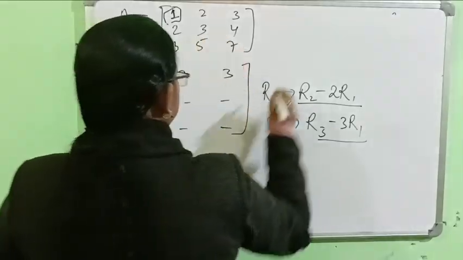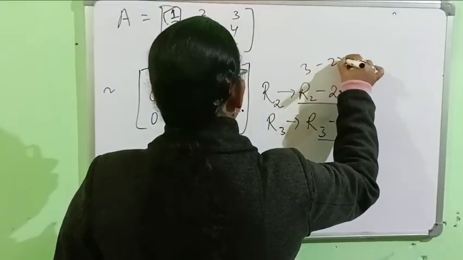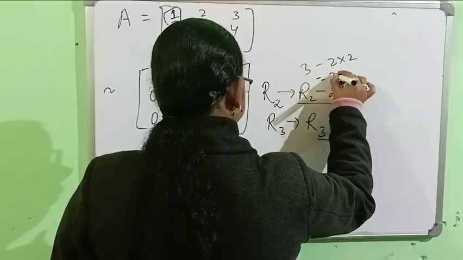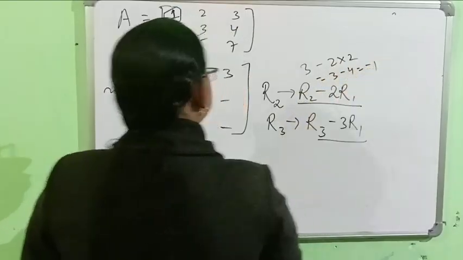This element will be 3 minus 2 into 2, that is 3 minus 4, minus 1.